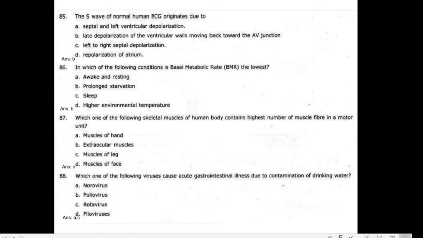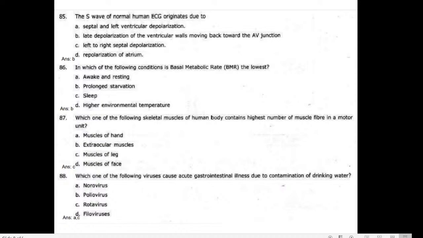Then, in which of the following conditions is the basal metabolic rate, or BMR, relevant? We can calculate the function of sleep and our metabolic system with the basal metabolic rate.